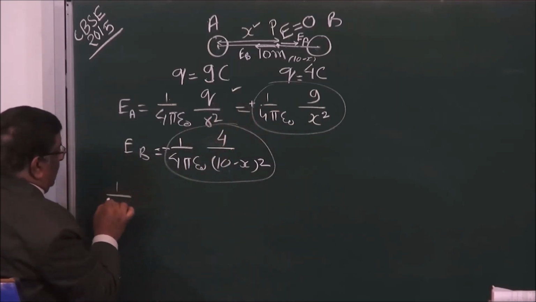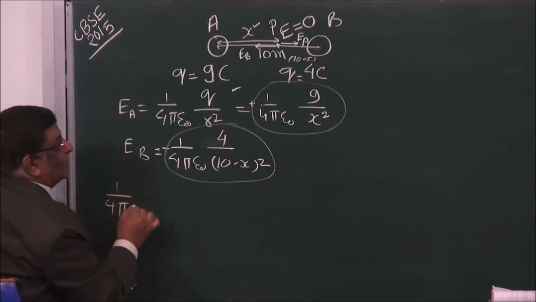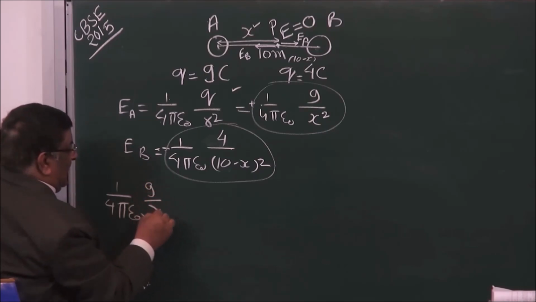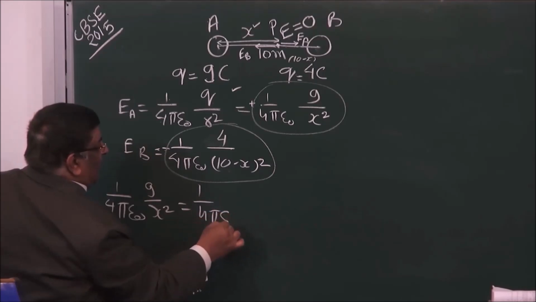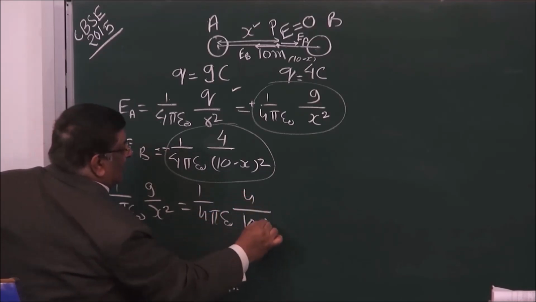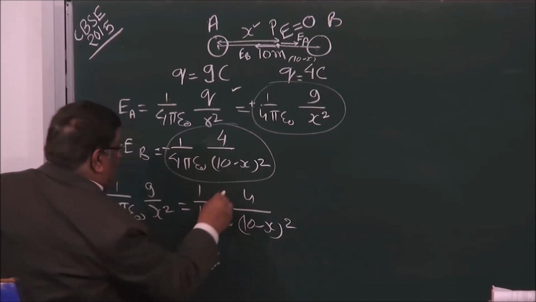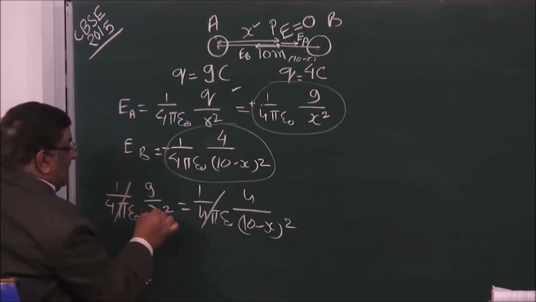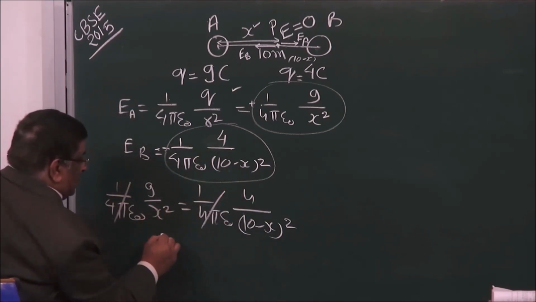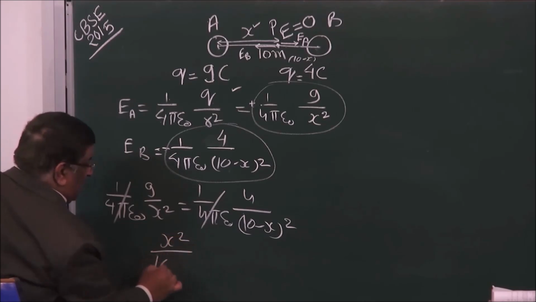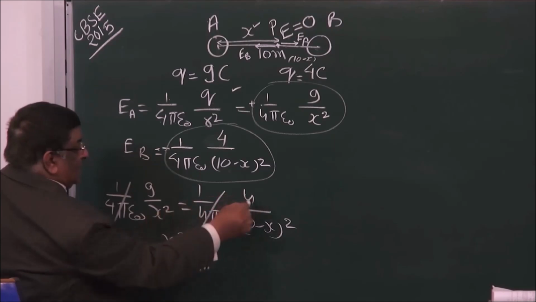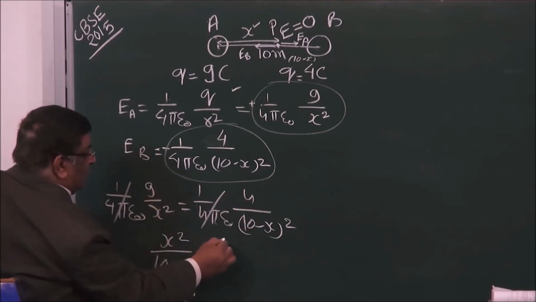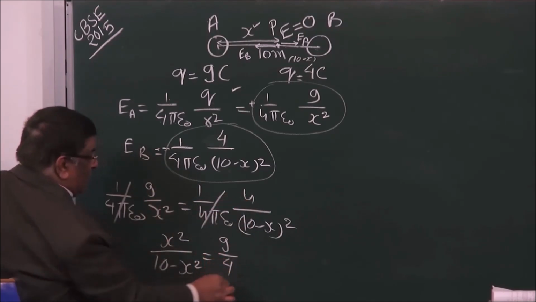So 1 upon 4 pi epsilon naught times 9 upon x square is equal to 1 upon 4 pi epsilon naught times 4 upon 10 minus x square, and this is cancelled. Take x square on this side, so this will be x square upon 10 minus x square, equal to 9 upon 4.